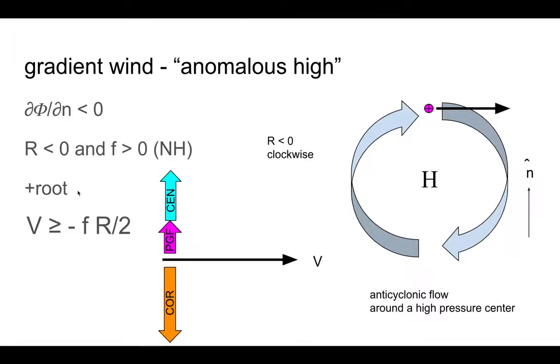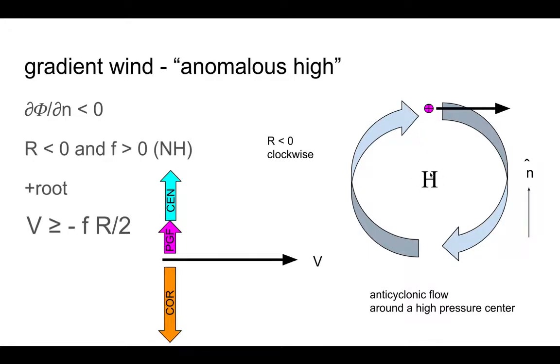So with the positive root, the actual larger velocity, again, d phi dn is negative and R is negative. So that's a clockwise turning, that's anticyclonic turning. If we look at the top of that circulation, the wind's going from left to right. d phi dn is negative, so lower pressure should be in the plus n direction, and higher pressure in the minus n direction.